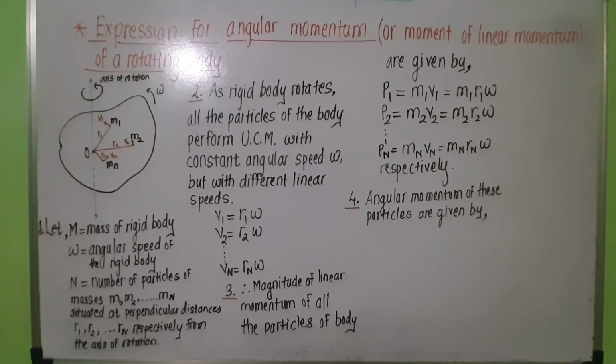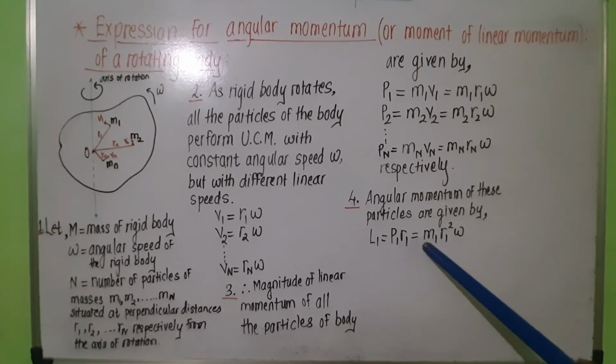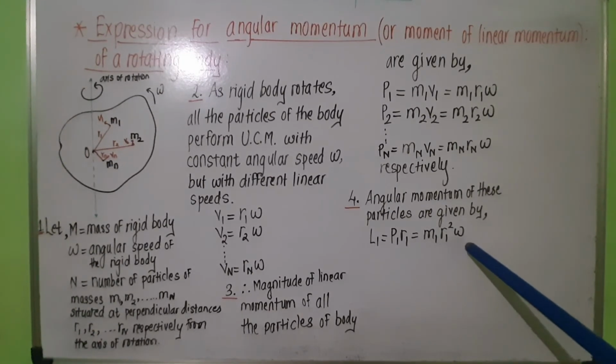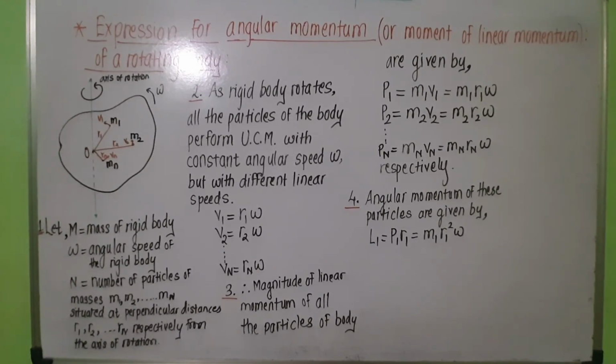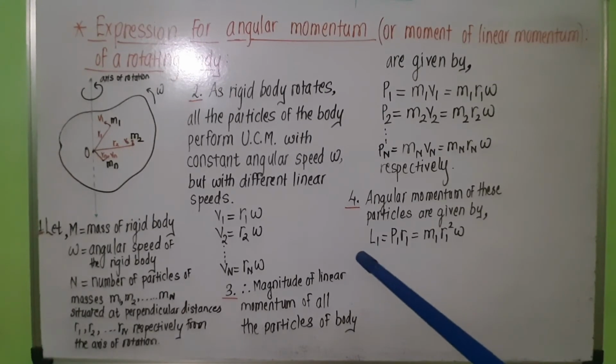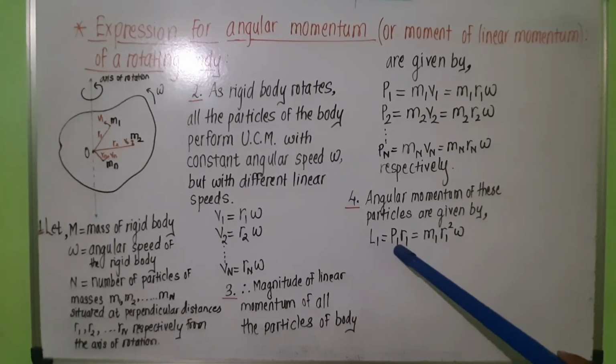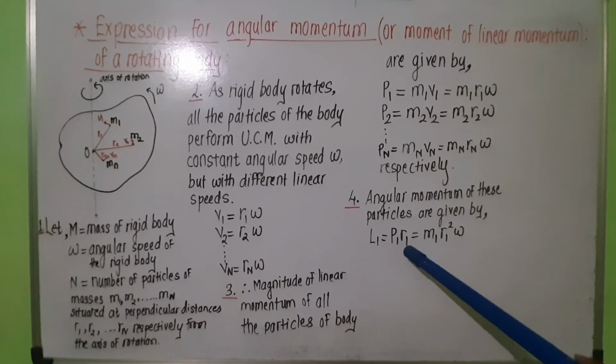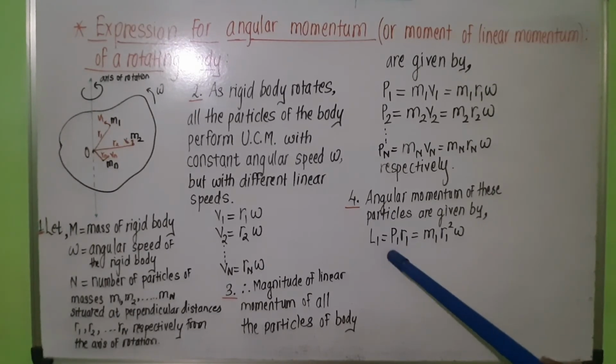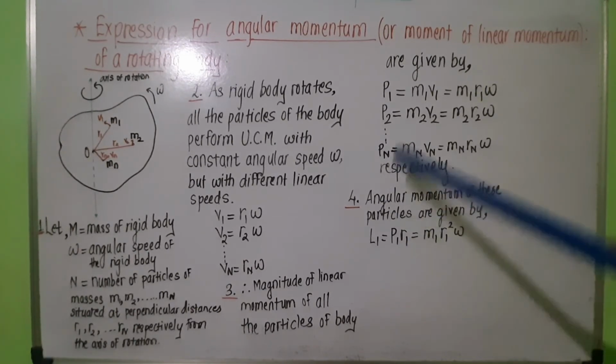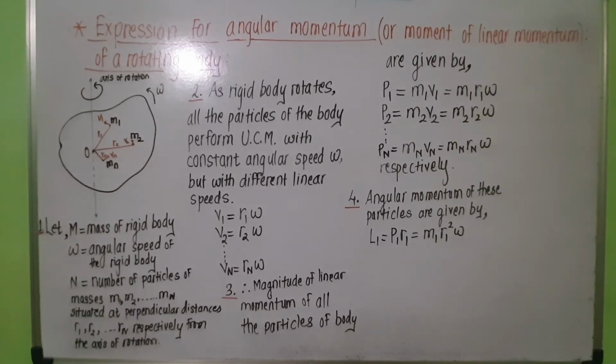Now angular momentum of all these particles are given by L1 is equal to P1 r1, which is equal to m1 r1 square omega for the first particle. We have seen magnitude of angular momentum is equal to product of linear momentum and the perpendicular distance, and here we have substituted the value of linear momentum. Same way we can write for the second particle, so on up to the nth particle respectively.